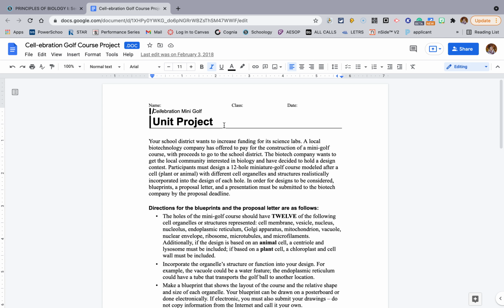Participants must design a 12-hole miniature golf course or a 12-ride amusement park modeled after a cell. Your group needs to choose plant cell or animal cell, okay? With different cell organelles and structures realistically incorporated into the design of each hole or ride. In order for designs to be considered, blueprints, a proposal letter, and a presentation must be submitted to this company, which will just mean Miss Willis and myself, by the deadline, which is next Friday. Okay.